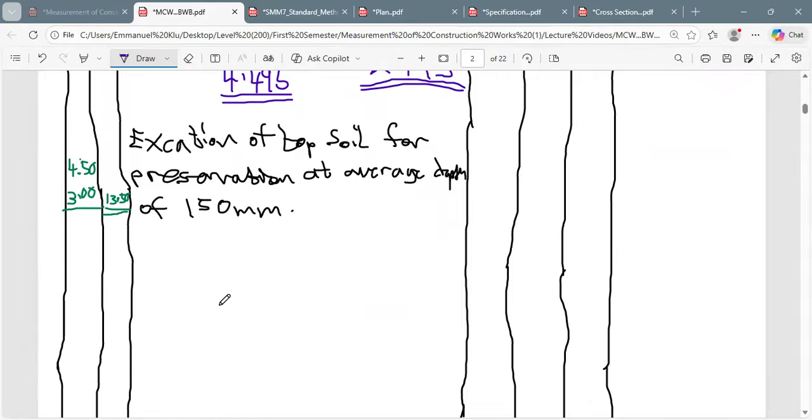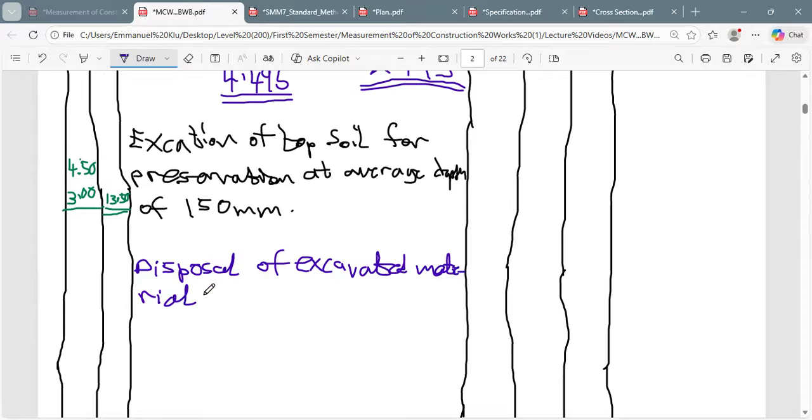So let's describe. Disposal of excavated material in spoil heap.